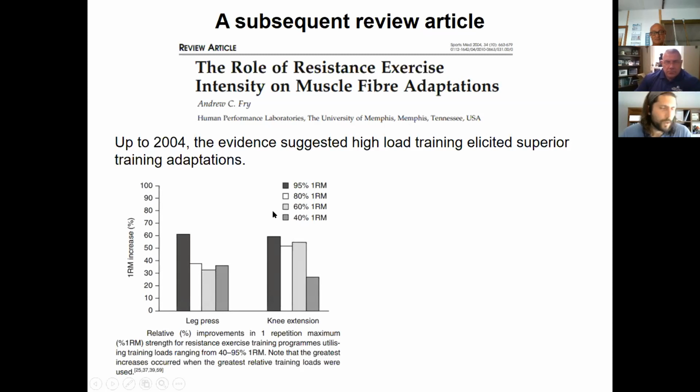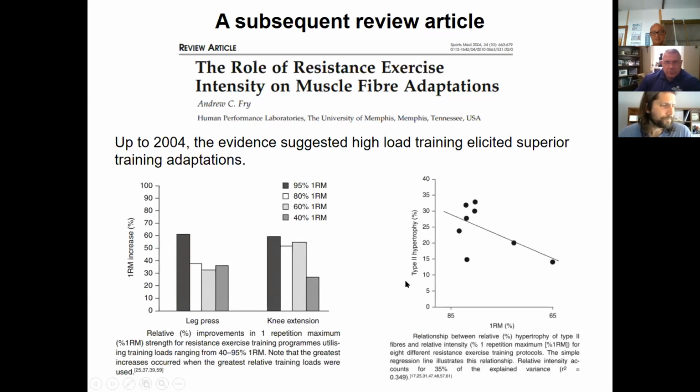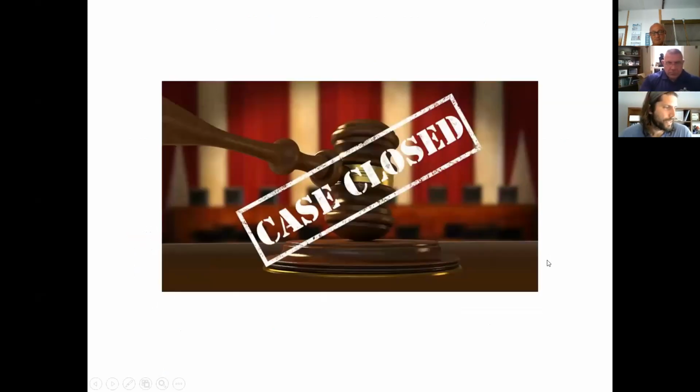If you train with loads around 30 to 40% 1RM, you can see increases in strength, but they're not as robust, right? He then presented data from around 6 studies looking at type 2 muscle fiber hypertrophy, and the theme was the same. Heavier loads elicit a greater increase in cell size versus lighter loads, right?